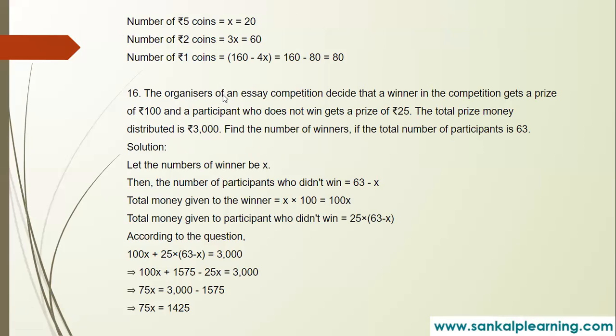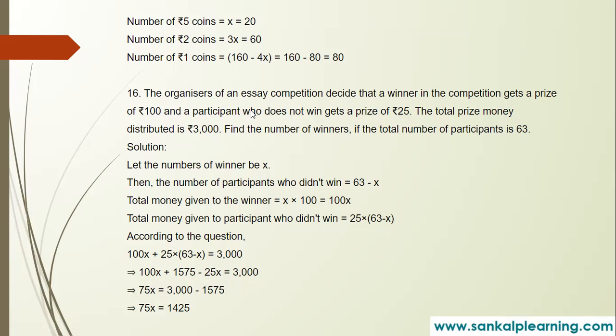The organizers of an essay competition decide that a winner in the competition gets a prize of rupees 100 and a participant who does not win gets a prize of rupees 25. The total prize money distributed is rupees 3,000. Find the number of winners if the total number of participants is 63.